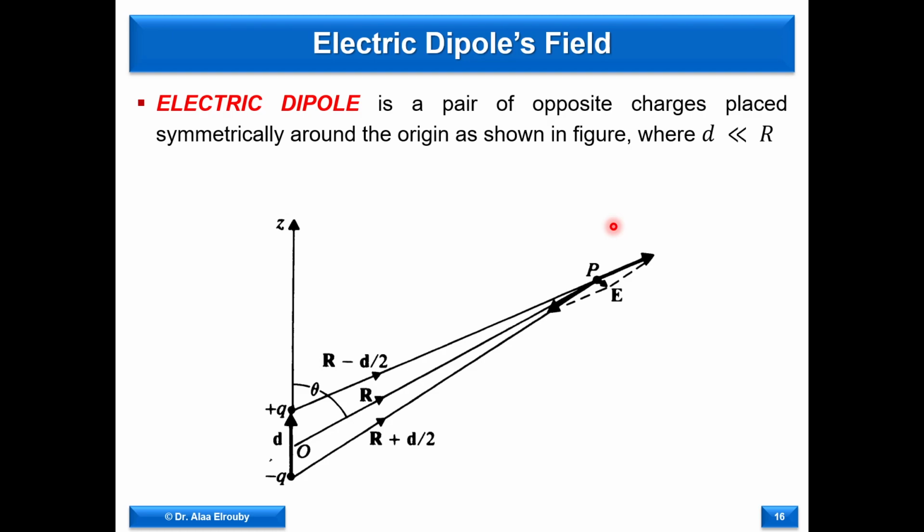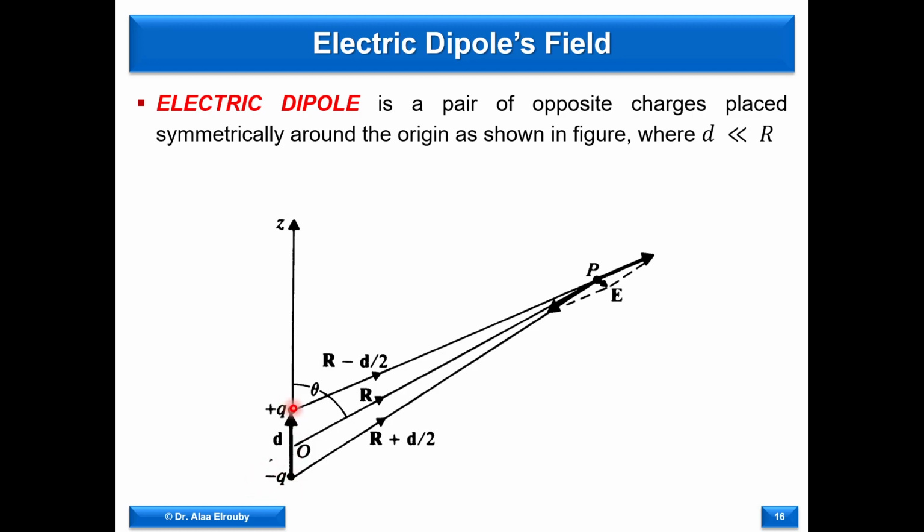There is a very famous problem, which is the problem of the electric dipole. Later in the course, we'll see the value of this problem. The problem here is that we have 2 point charges that are equal in magnitude and opposite in sign.